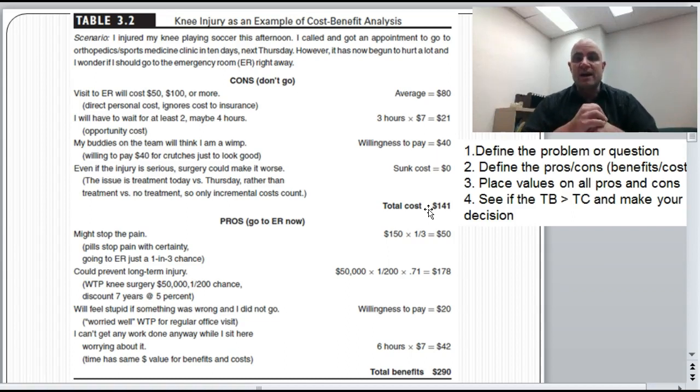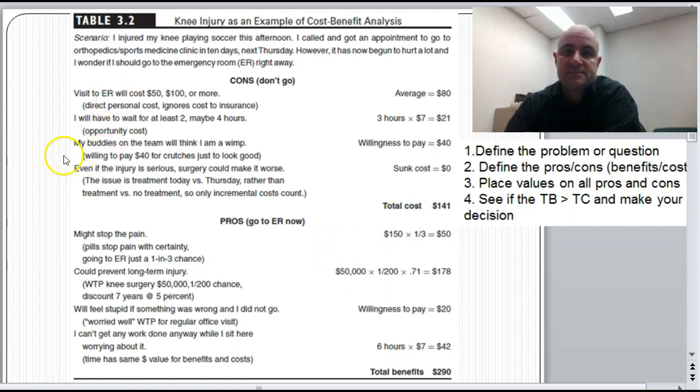Now, the reason why people make different decisions is because people have different values, different preferences. And so, for example, let's say the pride factor here. Let's say somebody is really concerned about that. Okay, they're somebody who is really concerned about the pride, worried about looking like a wimp.